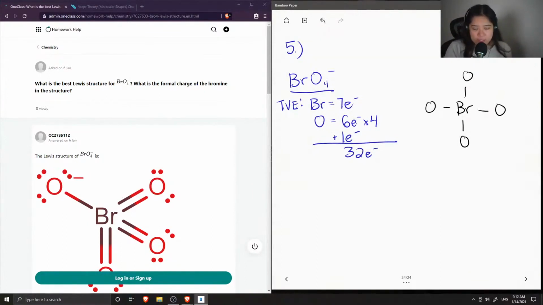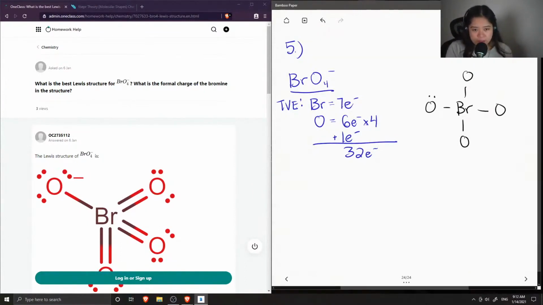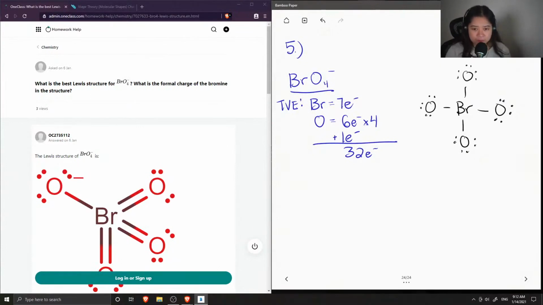Let's see what happens if I drew in all of the lone pairs on oxygen. Okay, so right now, everything looks like it has a full octet.